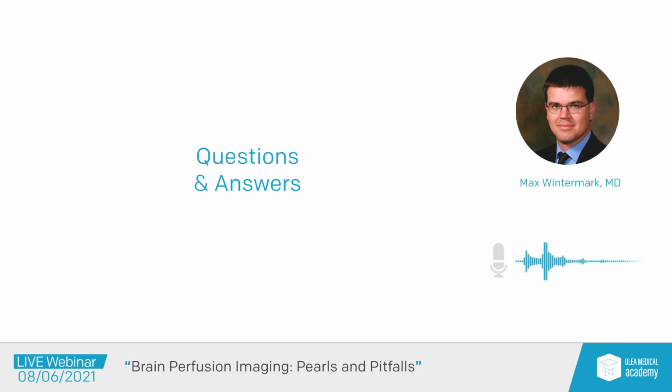Yes, definitely. We always want to try to reduce the radiation dose that we give to our patients. I think it's particularly true for perfusion CT because we scan the patient repeatedly in the same location.